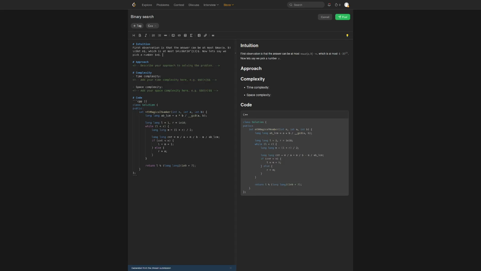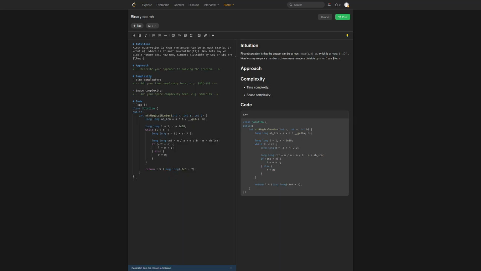How many numbers divisible by A or B are smaller than or equal to x?